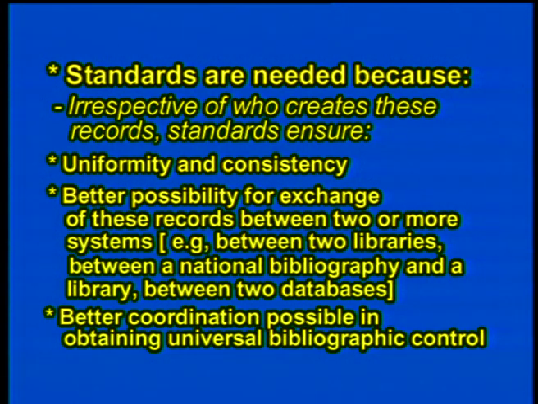The third important reason why we need standards is so that there is better coordination possible between different agencies in ensuring better bibliographic control over what is being produced within a country or within a region or within a subject. It is important to have this kind of standards.